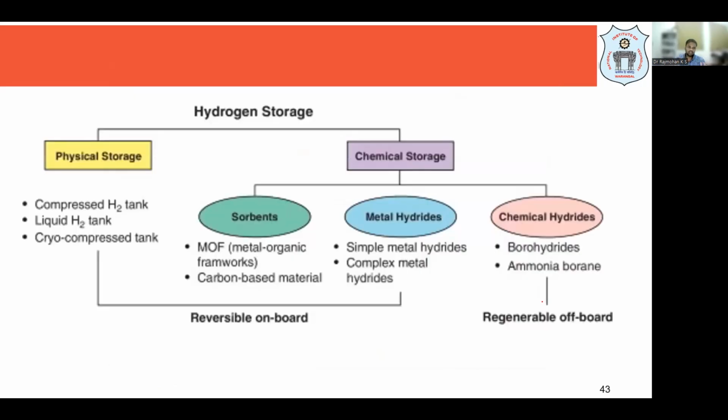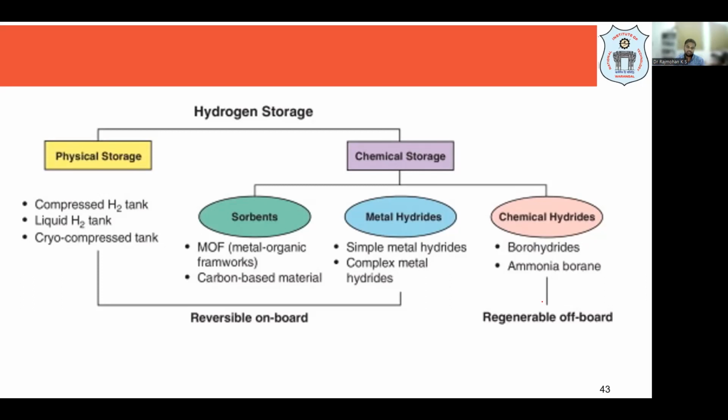Okay, and this hydrogen storage can be done in different ways. It can be physical storage, meaning you can store it in a compressed hydrogen tank, liquid hydrogen tank, or cryocompressed tank, any one of the phases. But in chemical storage, we don't store hydrogen directly. We store something in the form of a hydrogen-containing gas or material, or we can absorb the hydrogen and store it.